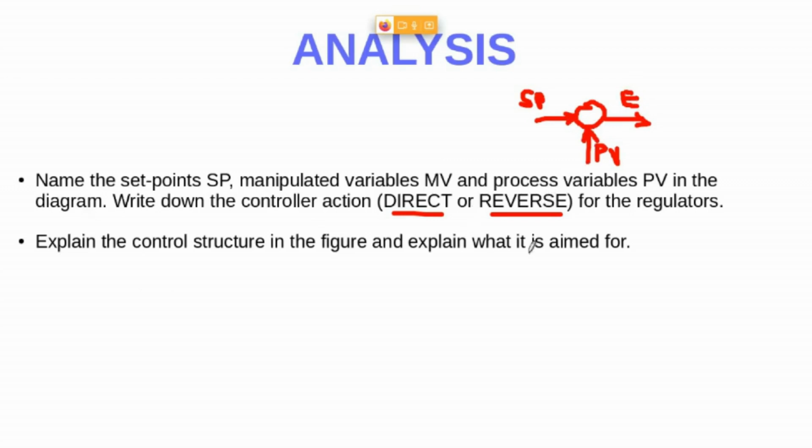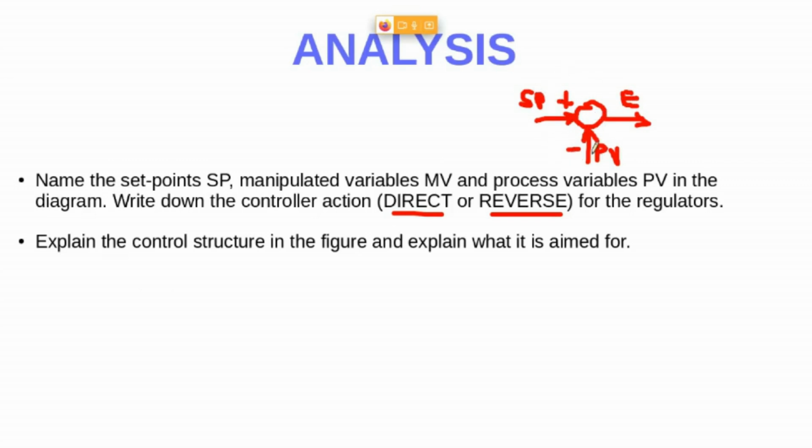Well, the reverse controller action means that the error will be calculated as the difference between the set point that comes here in the comparison as a positive signal, right? And here you compare the set point with the process variable. So you have the error as the difference between the set point and the PV.